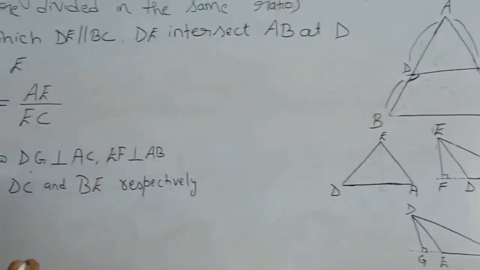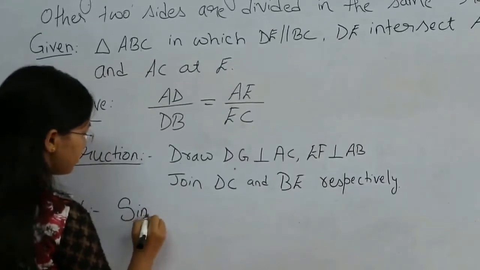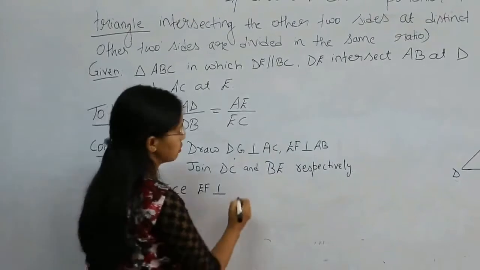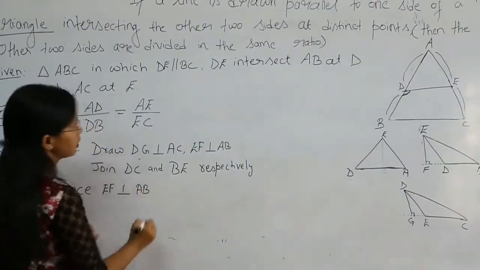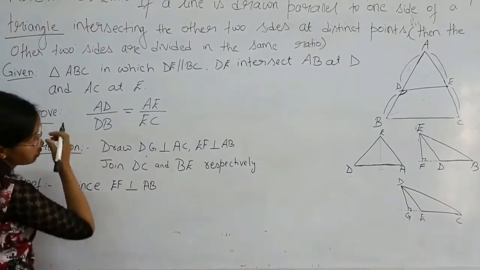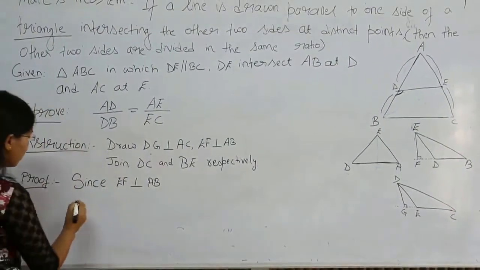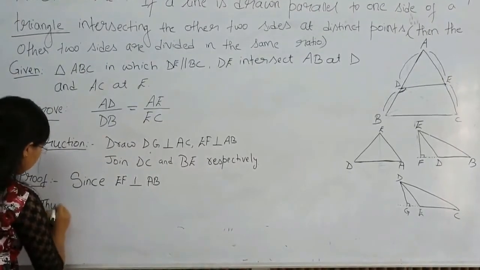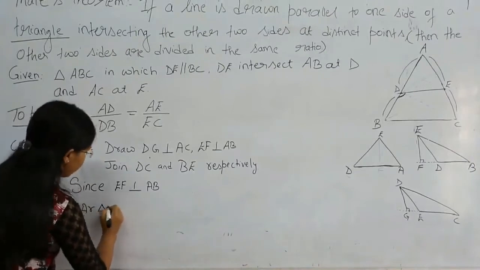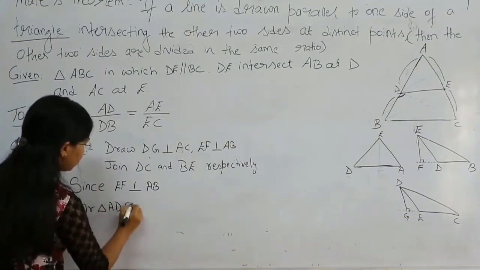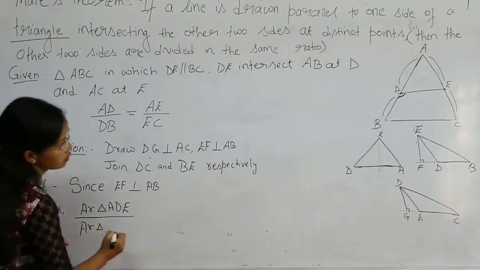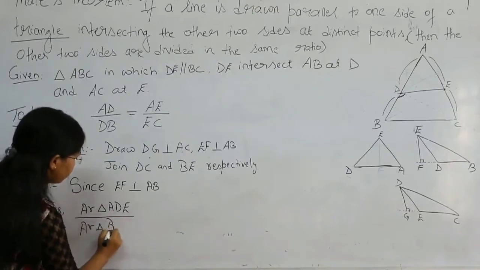Since EF is perpendicular to AB, so then what will we have here? EF will be the height. So thus let us take the area of triangle ADE by area of triangle BDE.